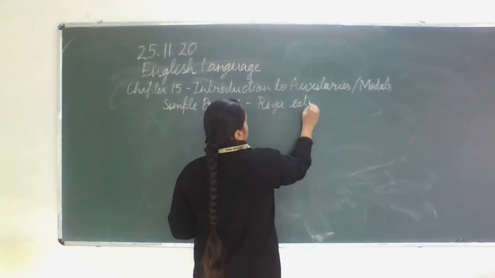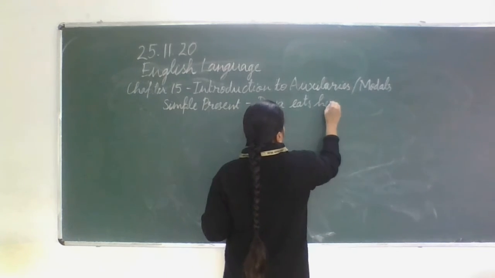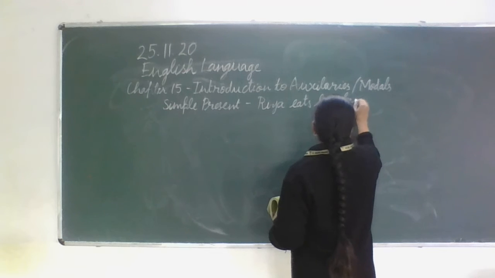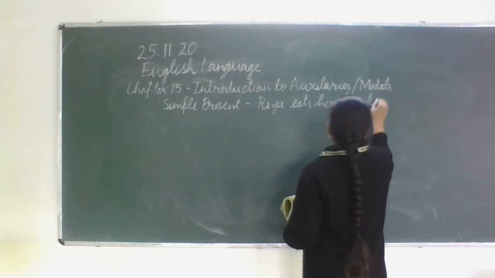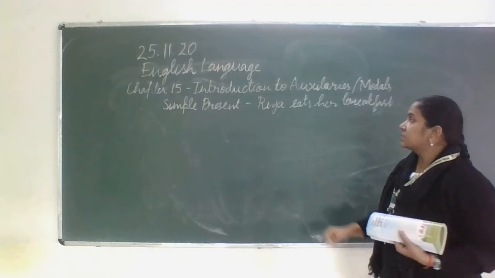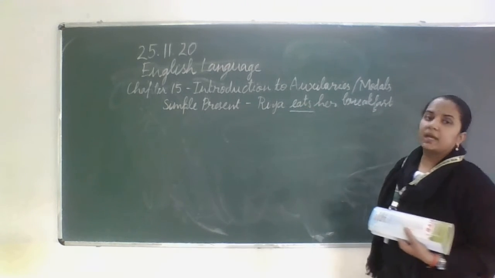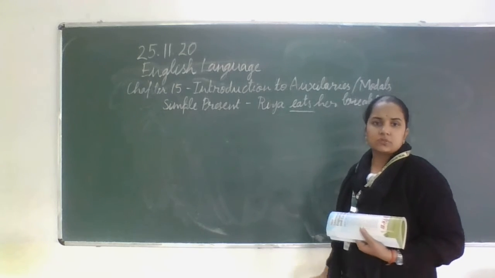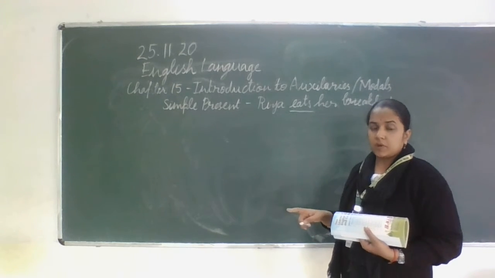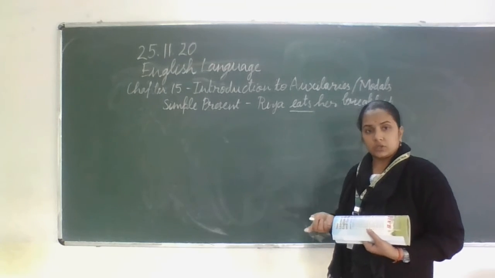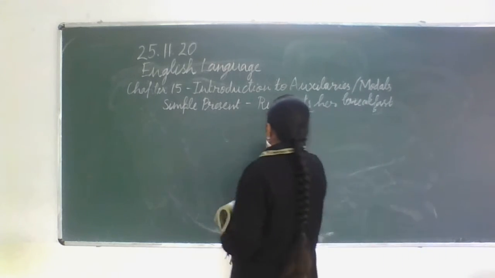Priya eats her breakfast. In this sentence, this is the main verb and we are not using any auxiliary verb. But when we have to make the sentence negative or interrogative, how will we write it?